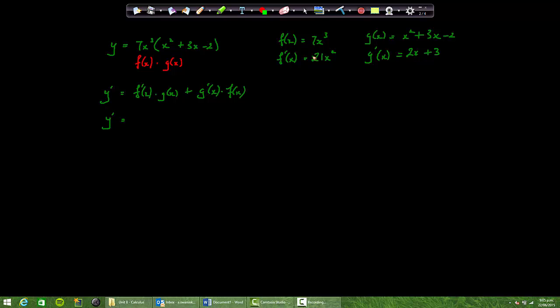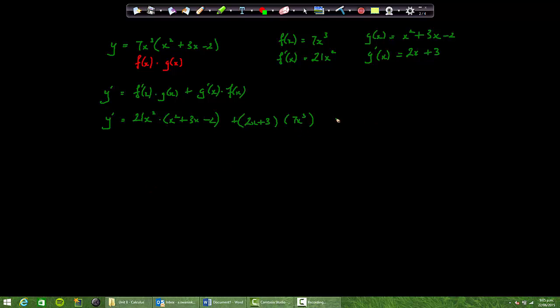But for this, we've got the 21x squared, so let's substitute that in, times our g(x), plus the derivative of g, which is 2x plus 3, times function f.